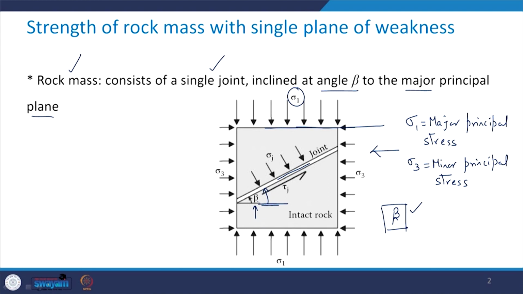This part represents the intact rock portion, and this is a joint, and you know that when there is a presence of a joint in the intact rock, we call it a rock mass. The condition here is that you have only one plane of weakness. So, the theory that we are going to discuss is also called the single plane of weakness theory.